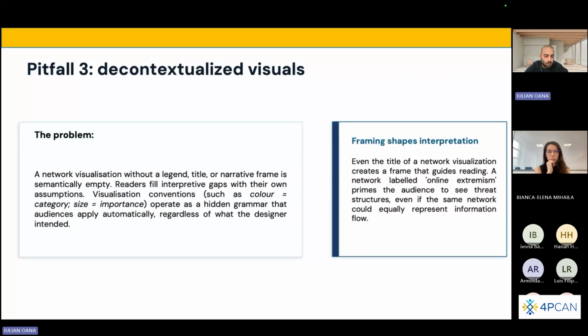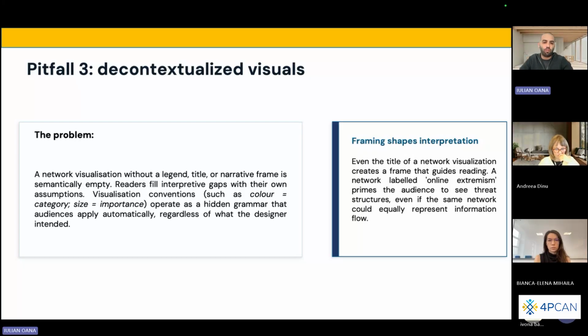Lastly, is the pitfall of decontextualized visuals. So each network should be accompanied by some sort of framing, legends, titles, whatever.